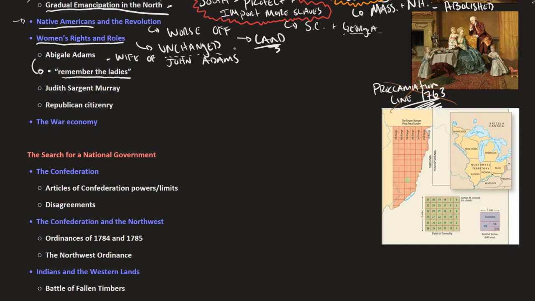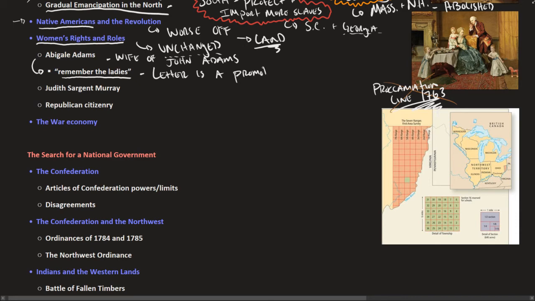But Abigail Adams reminded John that when all you men meet to write this new constitution, please remember the ladies, remember your wives, remember your daughters. Her letter was not very well received, but certainly this letter is a support of women's, at the very least, political rights.